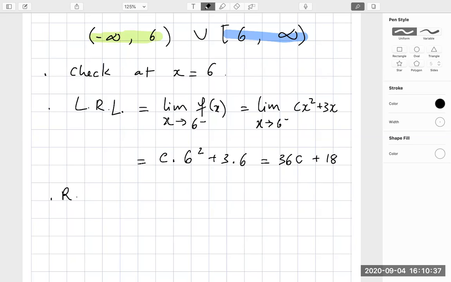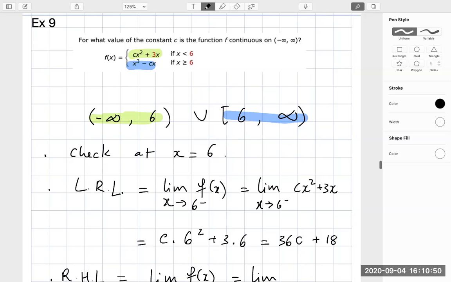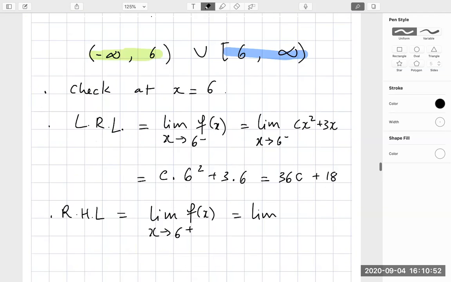We need to compute the right-hand limit, which is the limit of f of x when x approaches 6 from the right. And from the right, we should use the second range, x cubed minus cx.